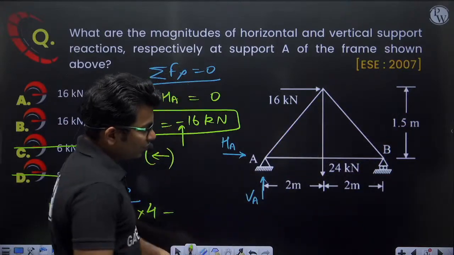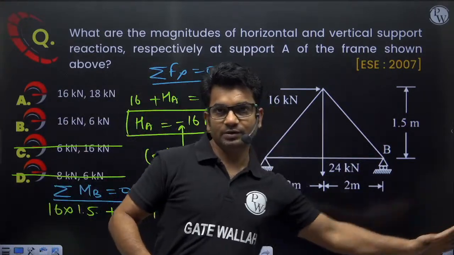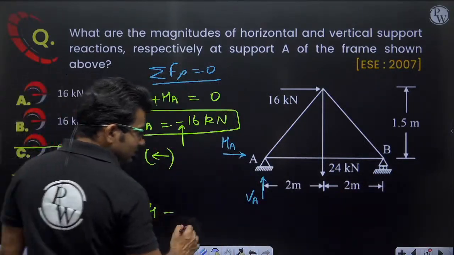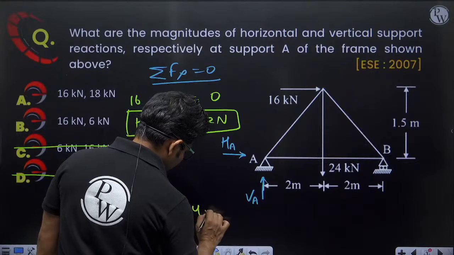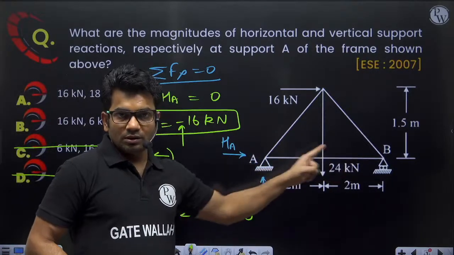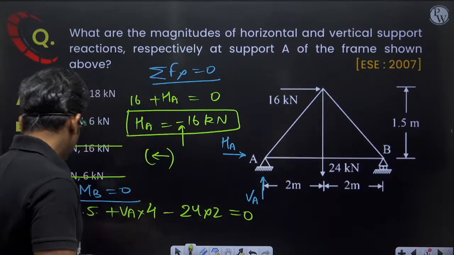But because of 24 kilonewton we will be getting an anti-clockwise moment, so minus 24 into 2 equal to 0. HA will give 0 moment, so we are not considering that.